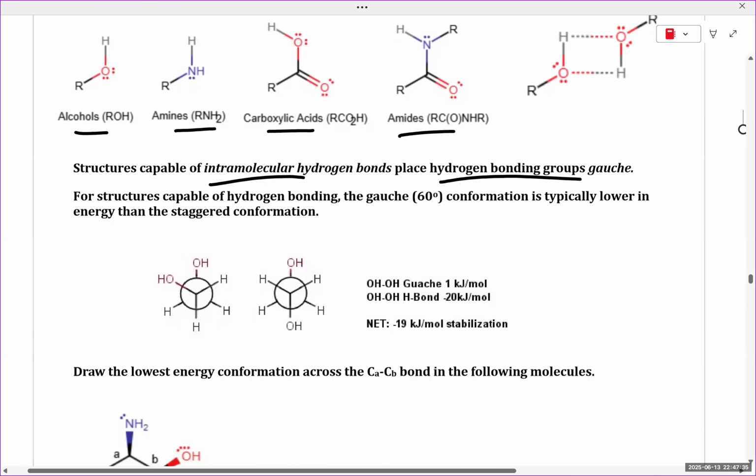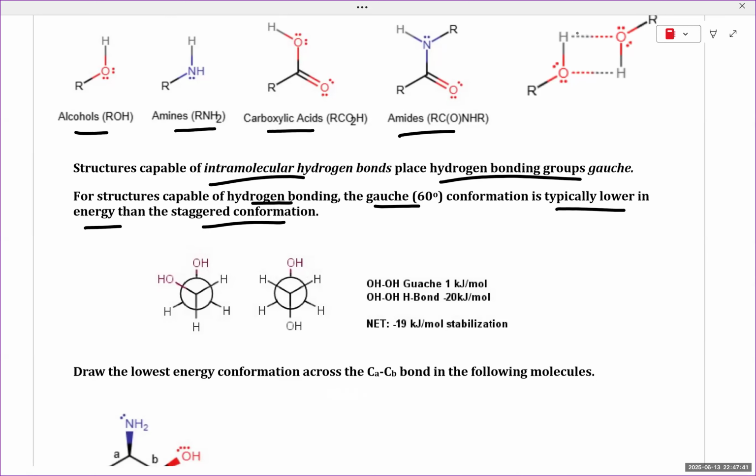Well, for structures capable of hydrogen bonding, the gauche conformation is typically lower in energy than the staggered conformation because this intramolecular hydrogen bond provides around 20 kilojoules per mole of stabilization, which overcomes the destabilizing gauche interaction.